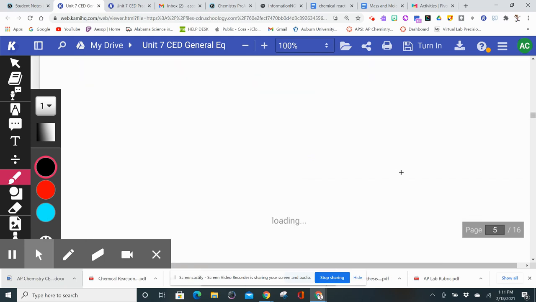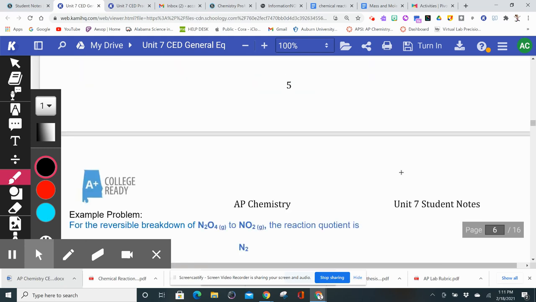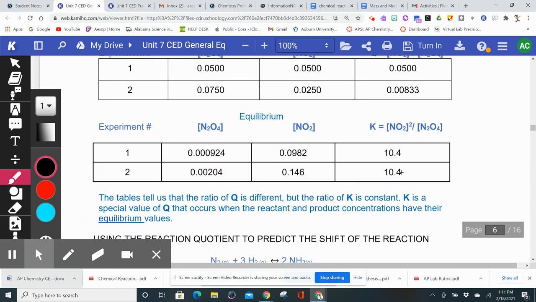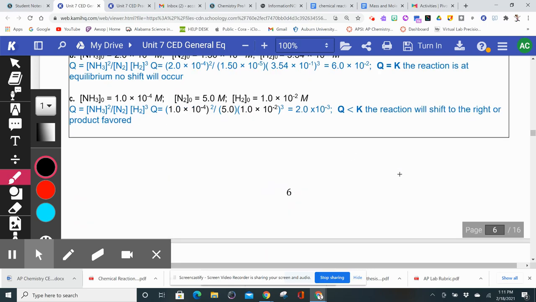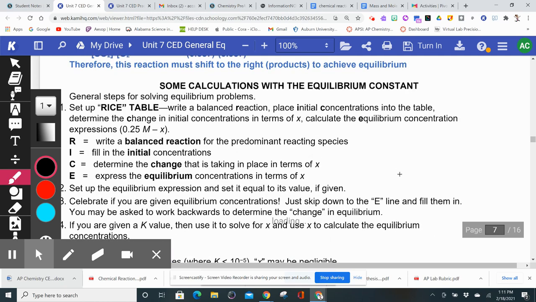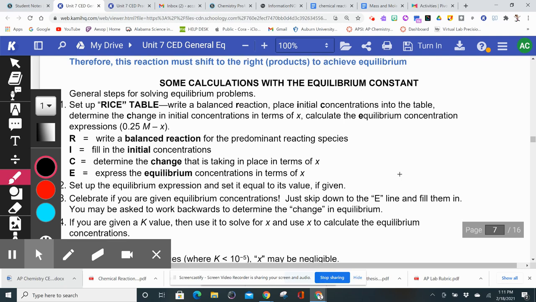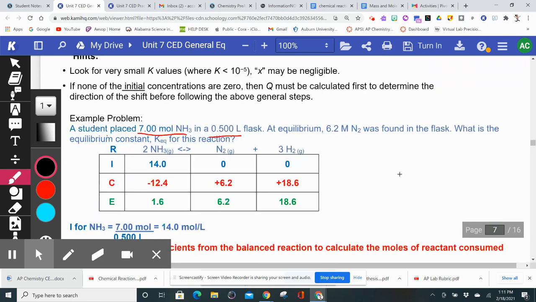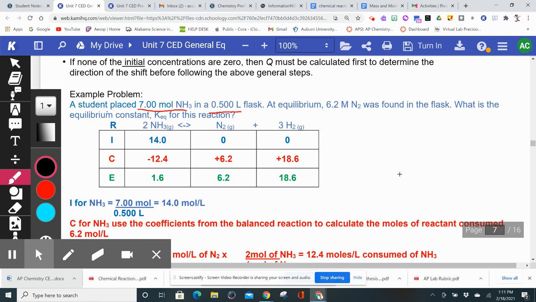I believe it's page 6 that they started introducing those on. Yeah, 7. So basically, the rice table is if you have an equation, you have a change, and then you're asked to find something with equilibrium. So you see in this first example, they give you the initial conditions.